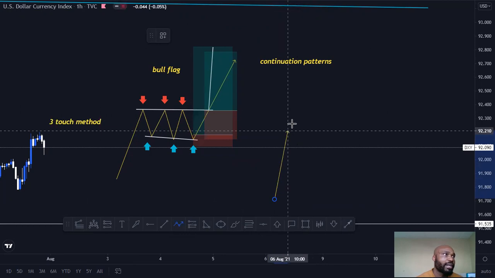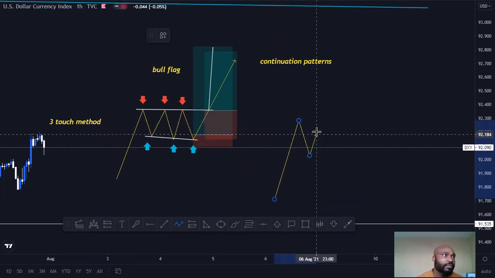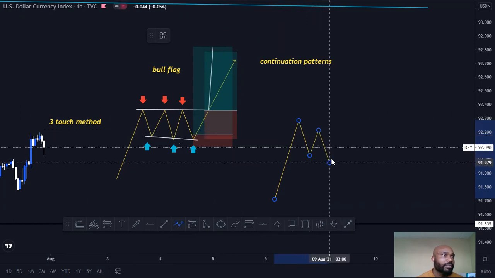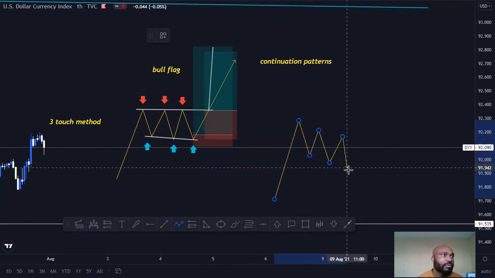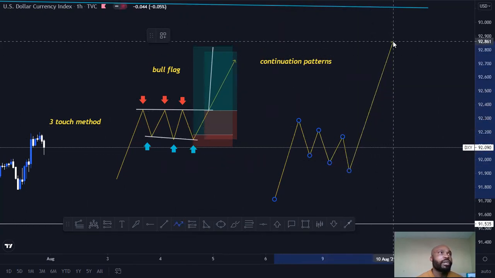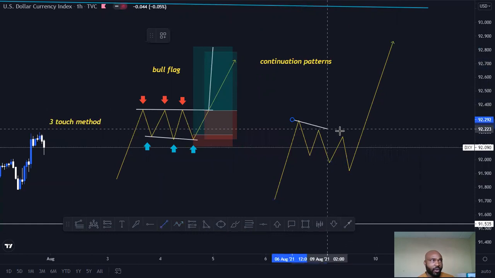So you've got an impulse, then you've got a correction, and then you've got a continuation. Look at the difference in these types of flags.